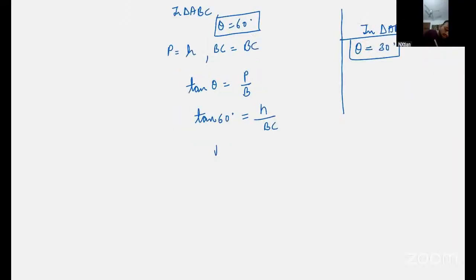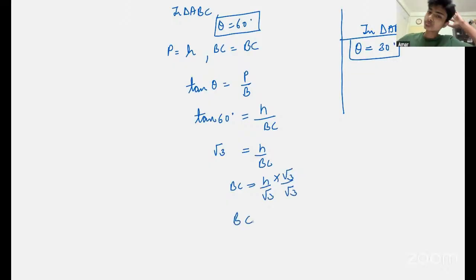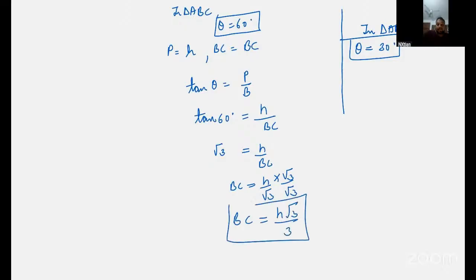So it becomes root 3 is equal to h upon BC. So BC is going to be h upon root 3. Did you understand what I'm doing, guys? So I got the BC distance.